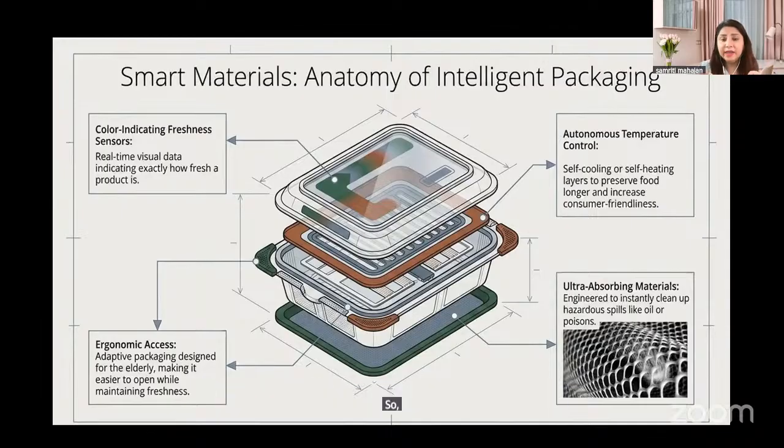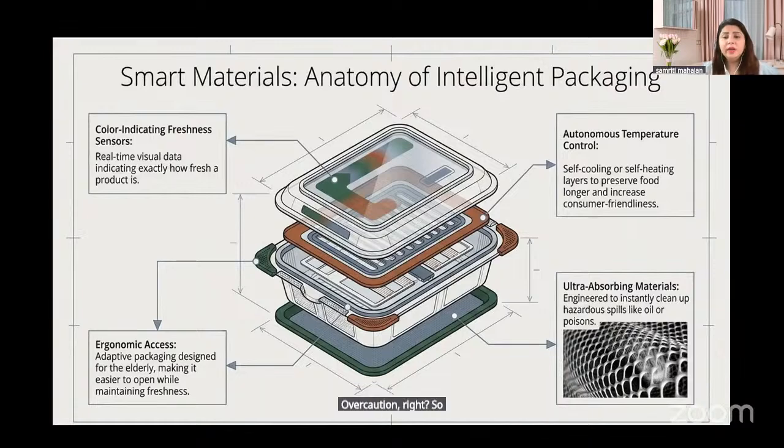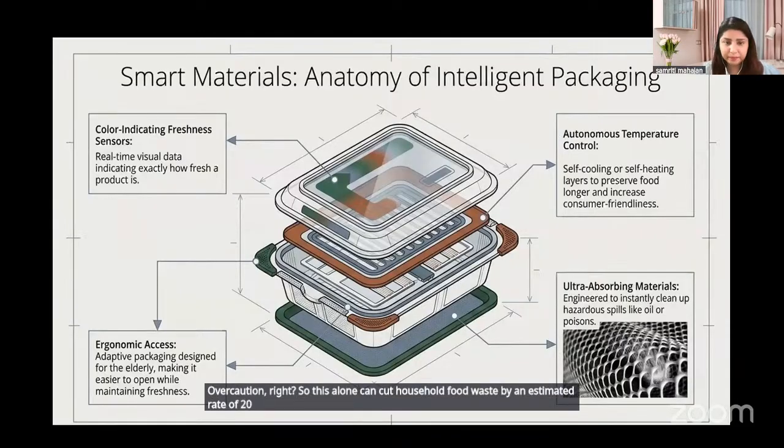So AI gives real-time visual data showing exactly how fresh a product is, right? No more guessing, no more date labels over caution, right? This alone can cut household food waste by an estimated 20 to 30%.